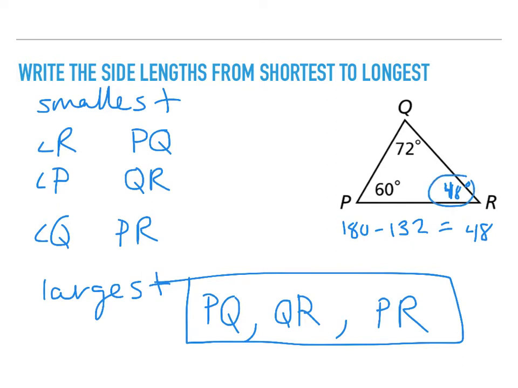So we're using the measures given to us for the angles in order to find which one's the shortest, second shortest, and the longest side. In the other example, it gave us the side lengths, so we knew which side was the shortest, and we had to find the smallest angle. So if we go back to the example before, it was giving us the side lengths. This one's giving us the angles.